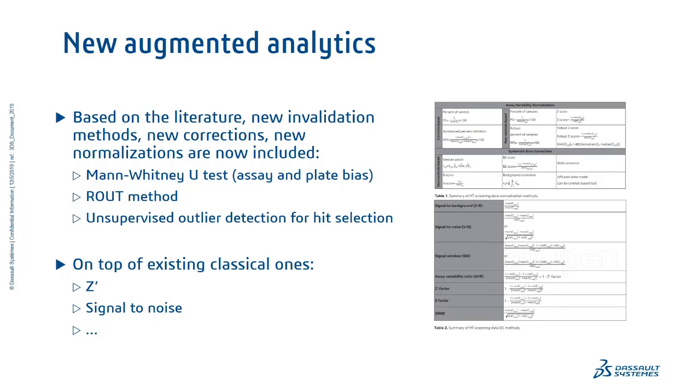And the autopilot feature can still benefit from the existing, let's say, classical analysis: the Z prime normalization, the signal to noise, in order to normalize your data and make it easier to trust the automated analysis of your data.